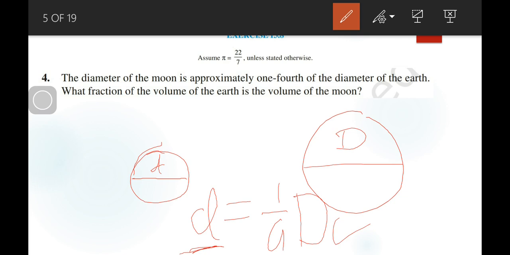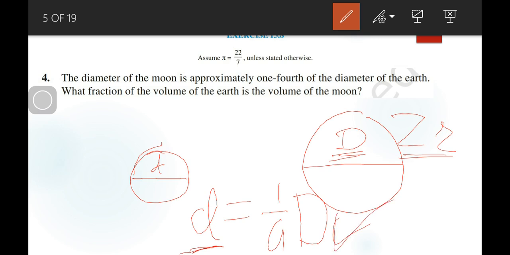Here let me assume that the diameter of the earth may be 2r, as you know that D is the multiplication of 2 and r. So we assume that the diameter of the earth is 2r. Then we put the value in the given equation.